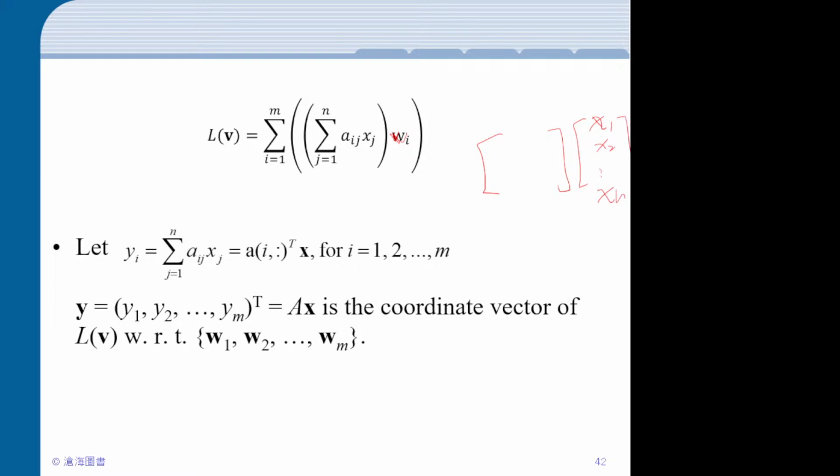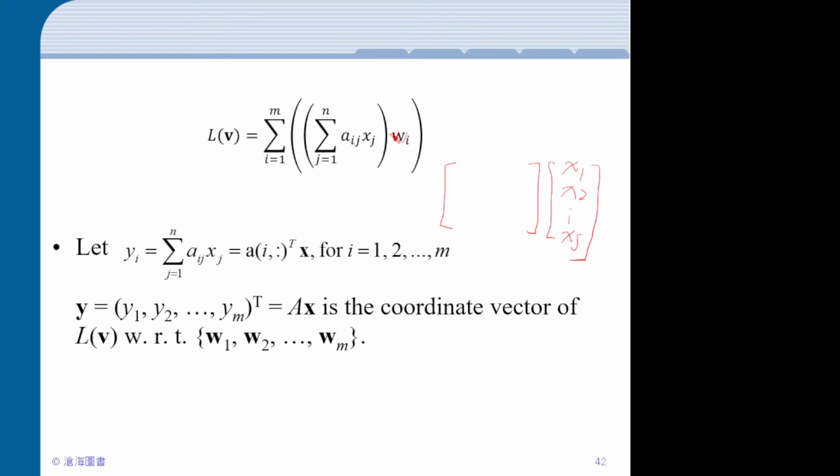So you have the input. So some a_ij x_j. You have this A here, and you have this vector x here, x1, x2 to xn.